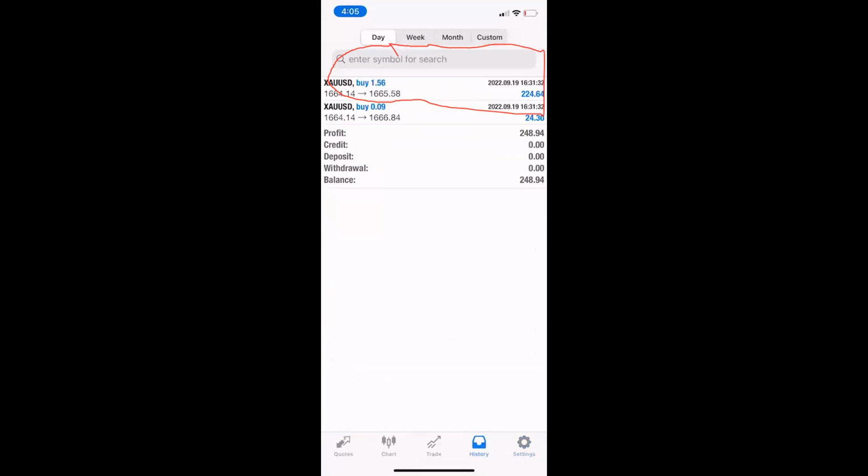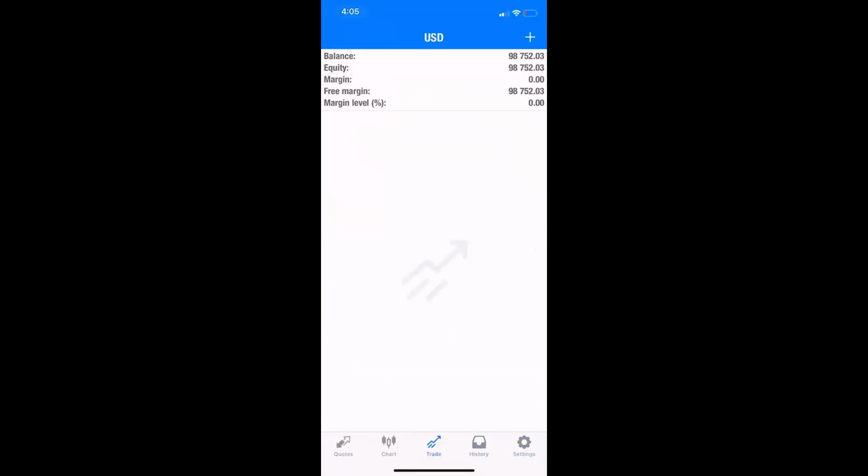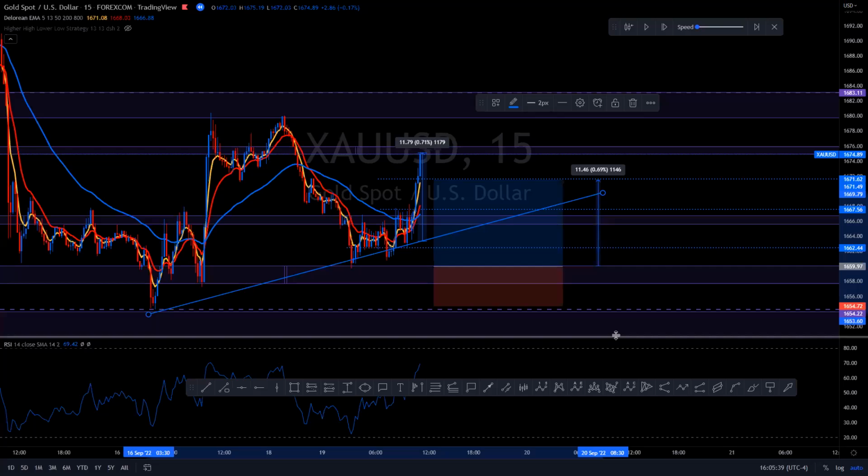Here's my results. $224 on the first partial trade and then $24 on the second one. So made $248, almost $249. So we did good on that. So our analysis was correct for the day. So now what we're going to do is one more example, maybe two, and then we'll wrap this up.